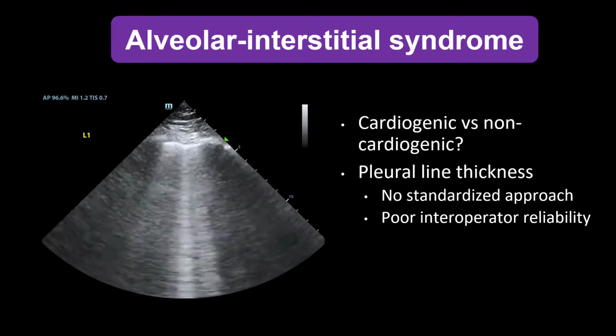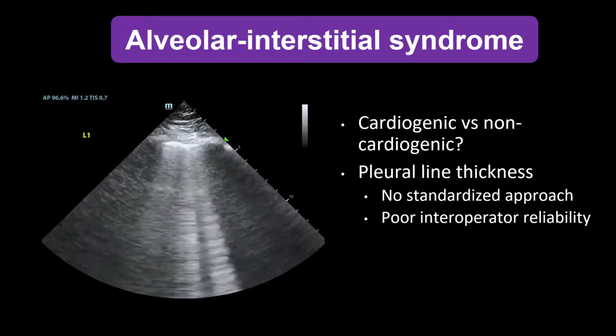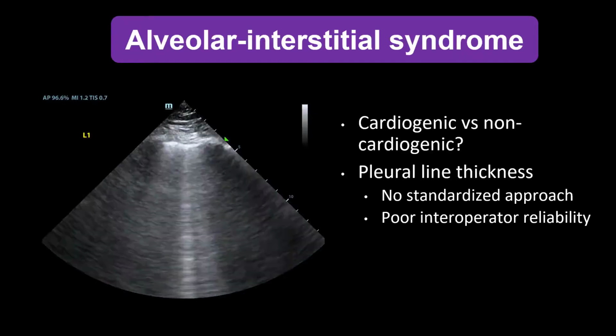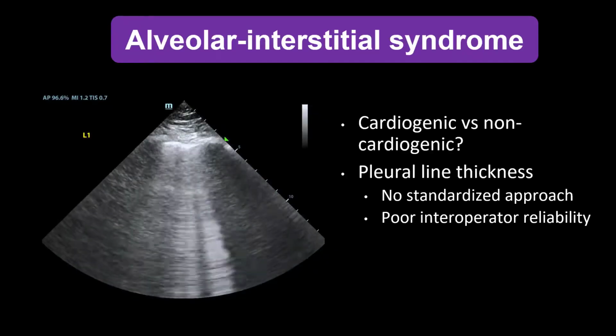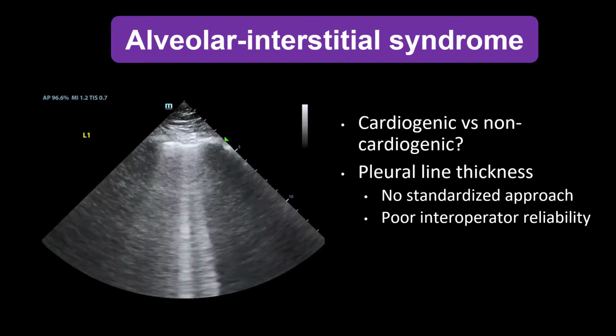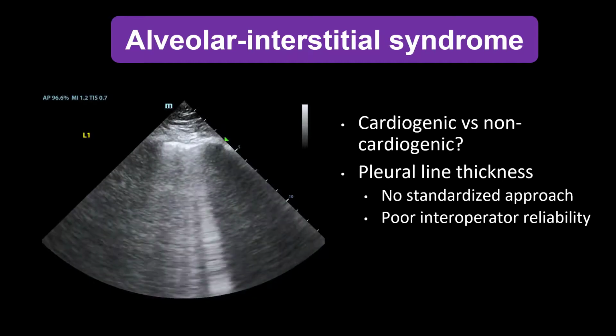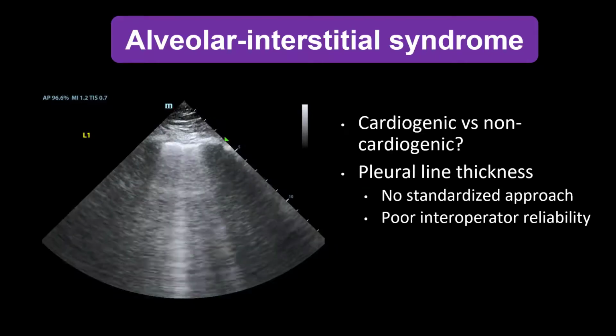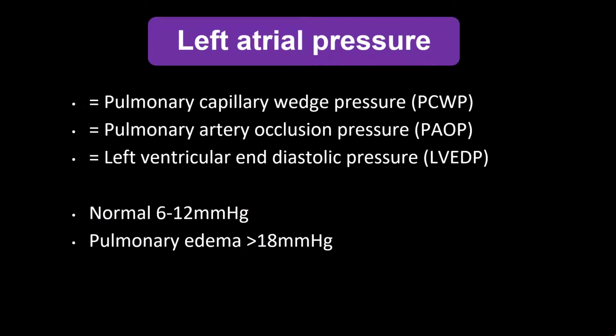What makes this challenging, however, is that there's no standardized approach to the assessment of the pleural thickness, and this is often subjective with poor interoperator reliability and a fair amount of diagnostic uncertainty. So we found that LAP can be a useful tool in providing some clarity as to the etiology of B-lines.